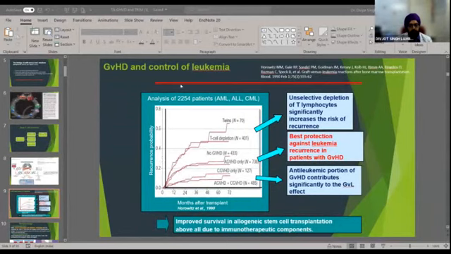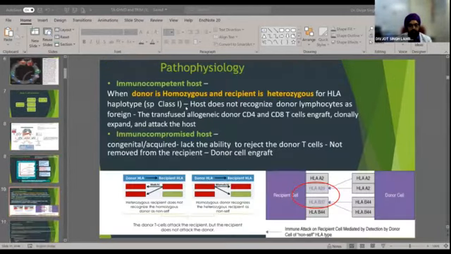So the pathophysiology in transfusion-associated graft versus host disease: when we give the transfusion, if the donor is homozygous and the recipient is heterozygous for the HLA haplotype, especially class 1, the host will not recognize the donor lymphocytes as foreign, whereas the donor will mount an immune response against the recipient.